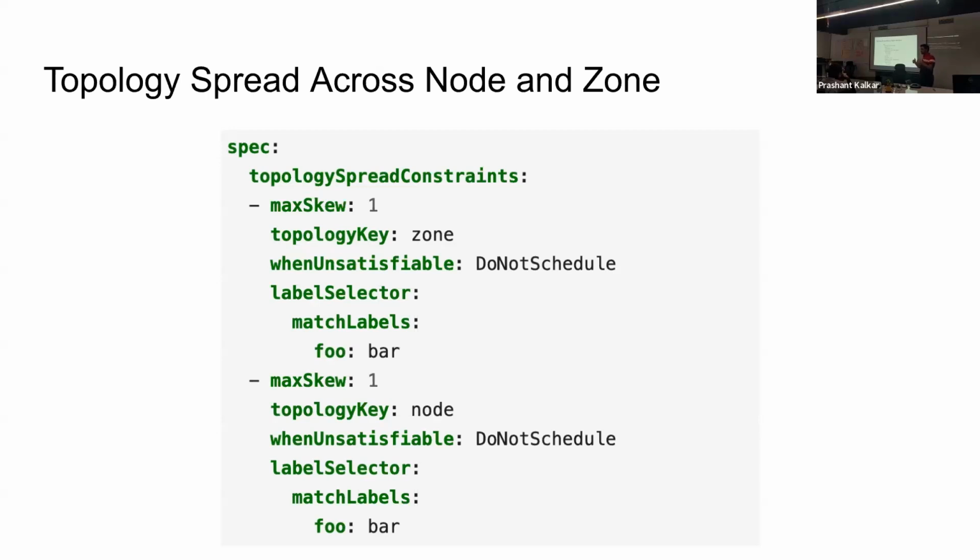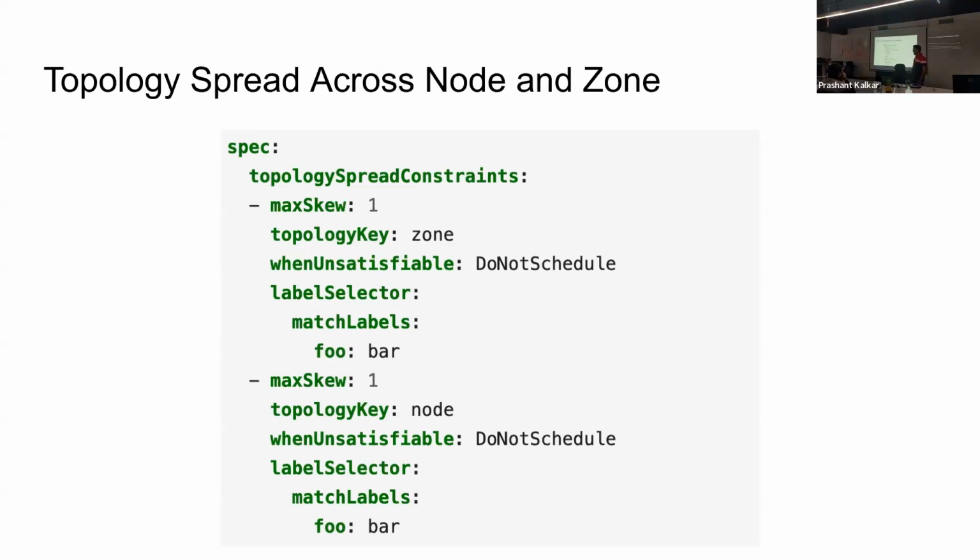Now suddenly Kubernetes knows this information through labels, and you can ask the scheduler to make decisions on the basis of the topology of the cluster. So in this case, you are saying don't schedule on the same node and also don't schedule on the same zone. That means you are now spreading across zones.